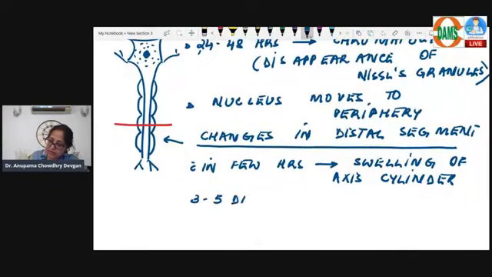In 3 to 5 days, you get an axonal degeneration. The axon begins to degenerate.